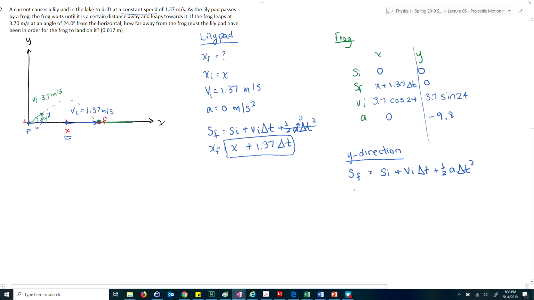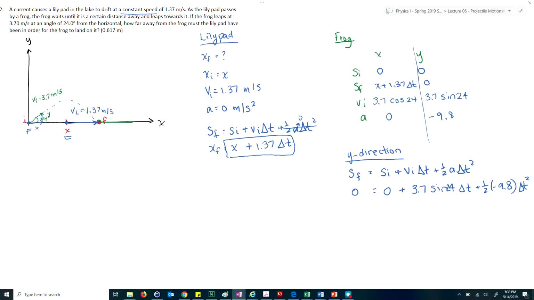S final is 0, S initial is 0, plus V initial is 3.7 sine 24, delta t plus 1/2, A is negative 9.8, delta t squared. So I'm just going to type this in my calculator to simplify it.